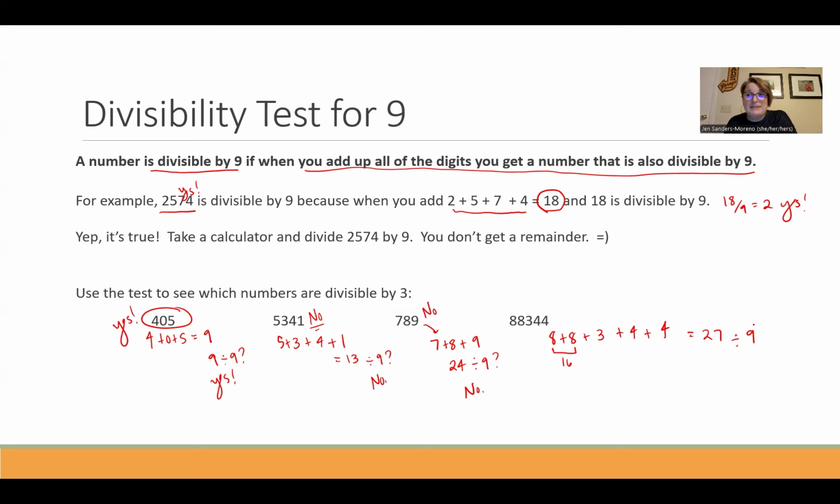The answer is 3. 27 divided by 9 is 3. I apologize. That's a yes. So this is a yes. Okay. I really am okay. All right. Hopefully you're okay too. All right. So party trick math. That's kind of how I think of divisibility test for 3 and divisibility test for 9.